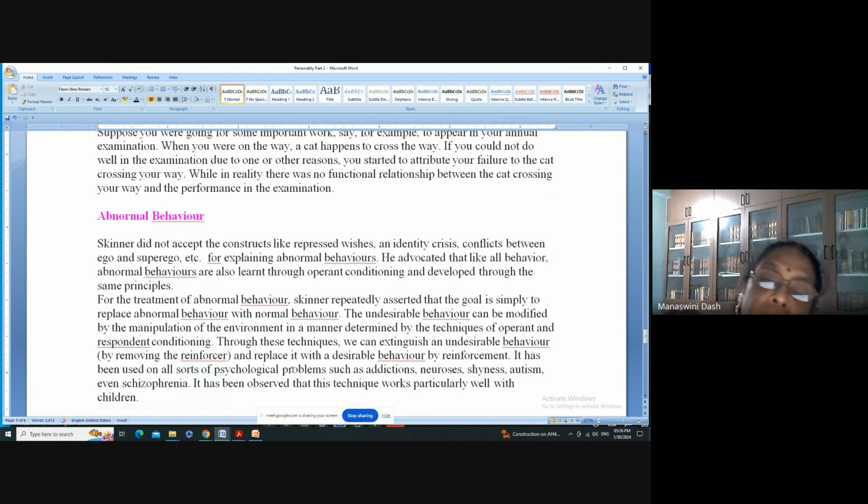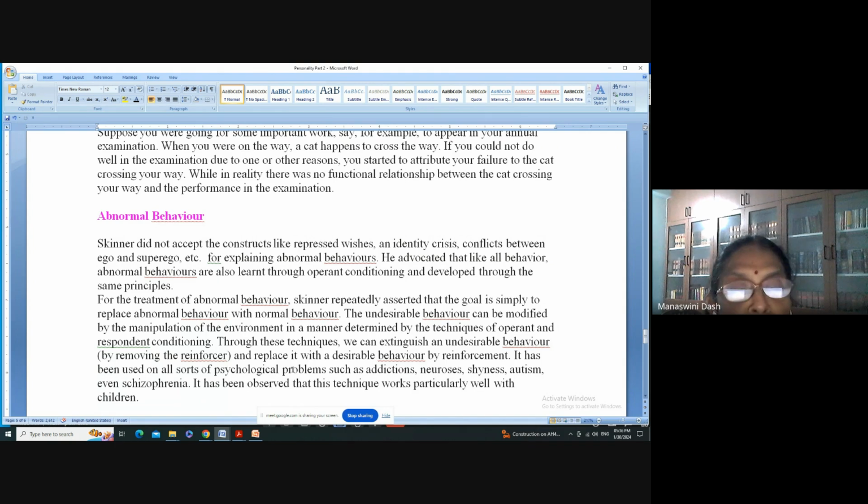Skinner, on the other hand, advocated that, like all behavior, abnormal behaviors are also learned through operant conditioning, and they develop through the same principle as normal behavior. As we learn normal behavior, we learn abnormal behavior.